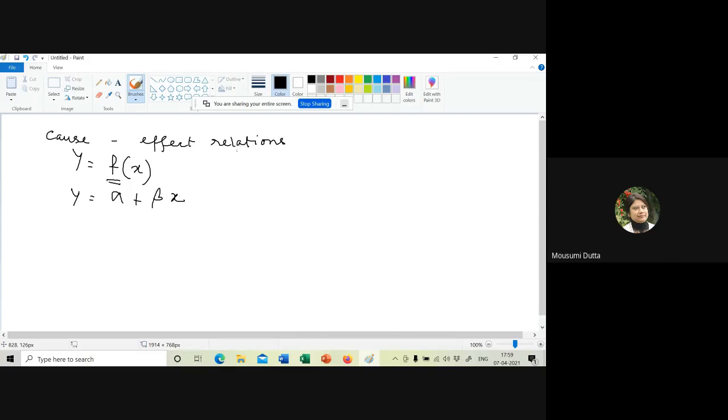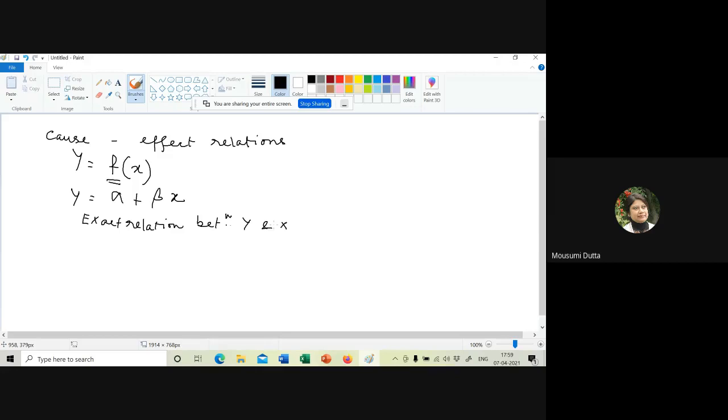The new thing we will bring here is that this is the exact relationship between y and x. Generally in economic theory we consider this kind of relationship.